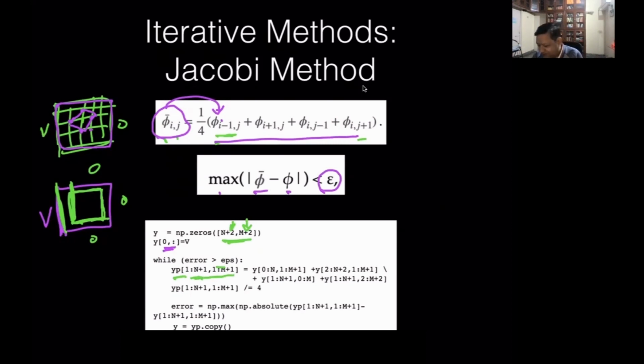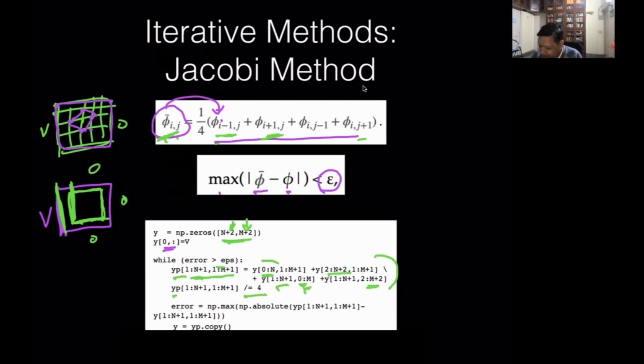First compute the sum. This is shifted 1 to the left, so it is 0:n. The whole grid is shifted to the left. Then this is the whole grid shifted to the right, so that corresponds to this one. This whole grid is shifted down, and this whole grid shifted up. First compute the sum, then divide by 4, and this is my yp, y bar actually.